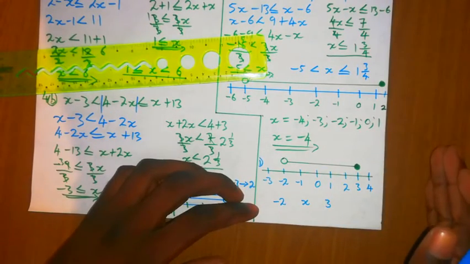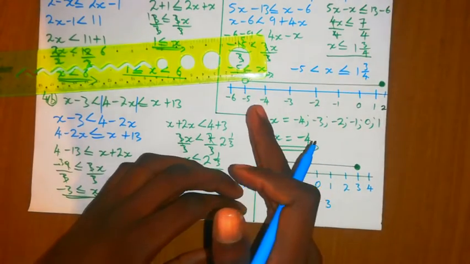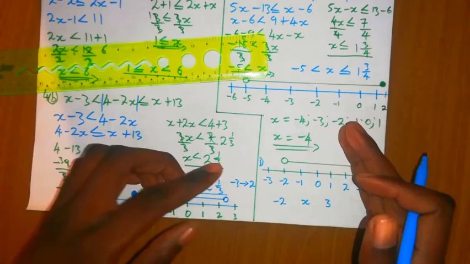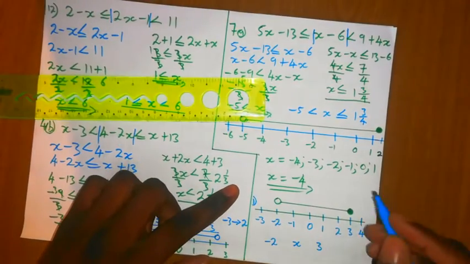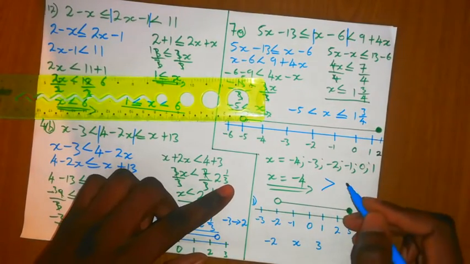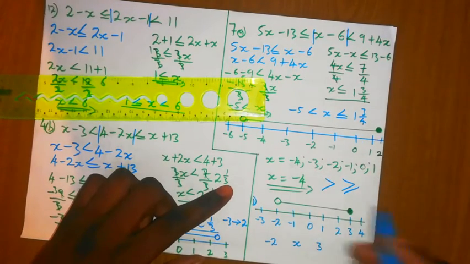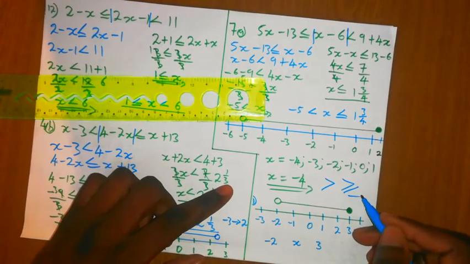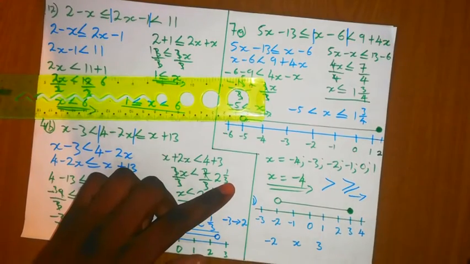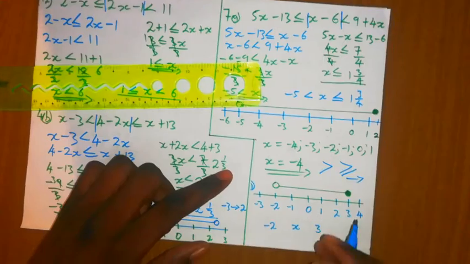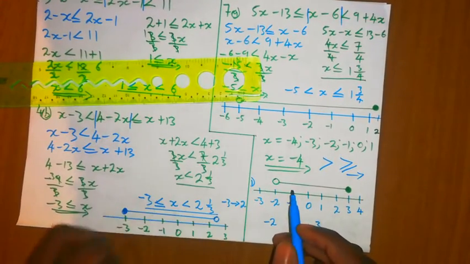Then our signs are always facing on the right side. The reason being that a number line increases to the right, not to the left. So you will never come across signs facing that side. You will never come across signs facing this side because our number line increases to the right. So signs are always facing to the right. In this case, I'm going to consider the meaning of that unshaded 0.